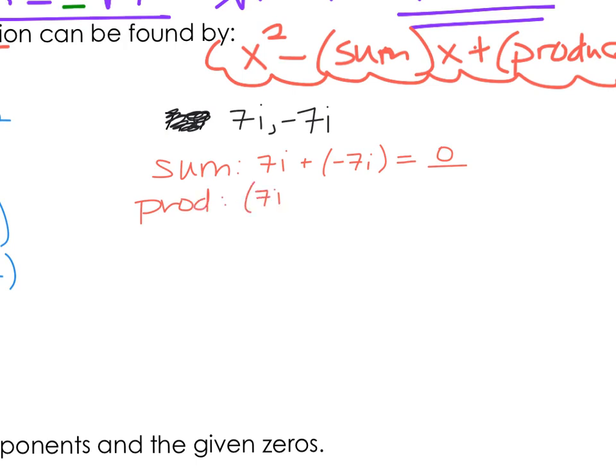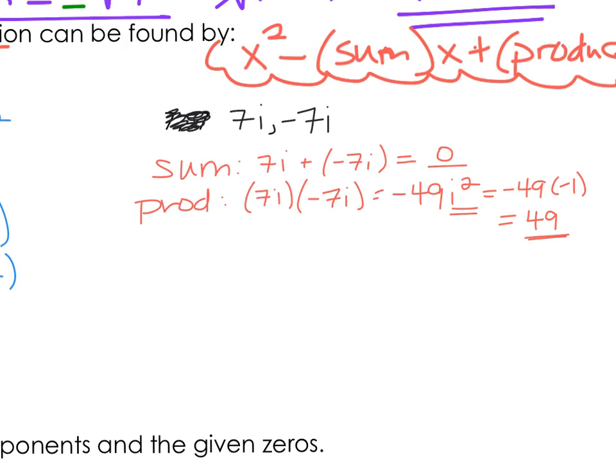The product, this is going to bring us back to chapter 4. If we multiply positive 7i times negative 7i, positive times negative 7 is negative 49, and i times i is i squared. Remembering from chapter 4 that i squared equals negative 1, that gives us negative 49 times negative 1, which actually gives us a product of positive 49.